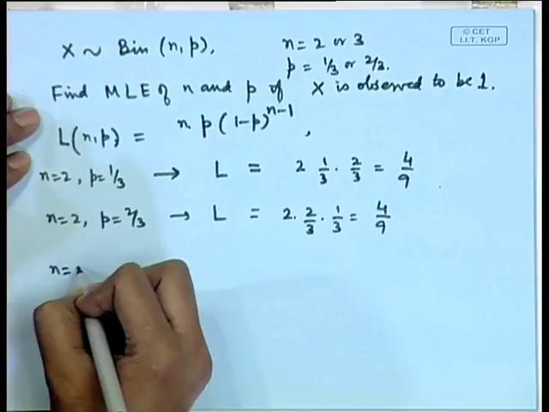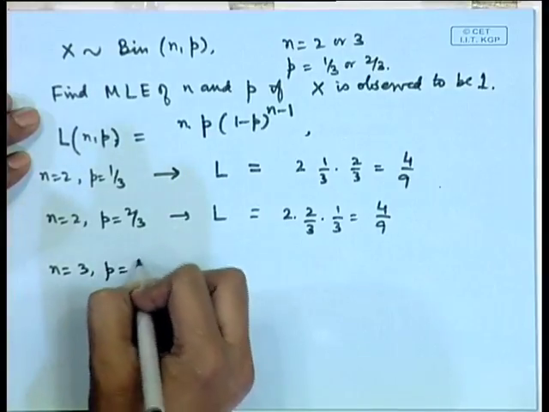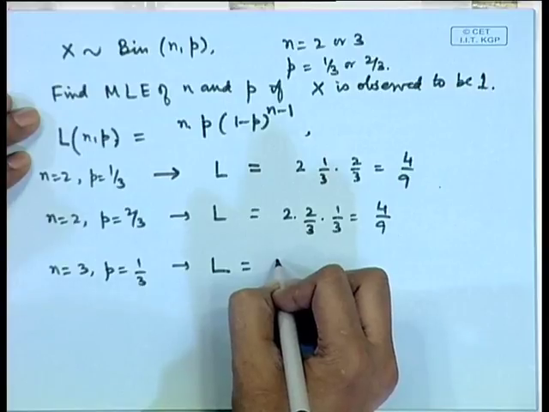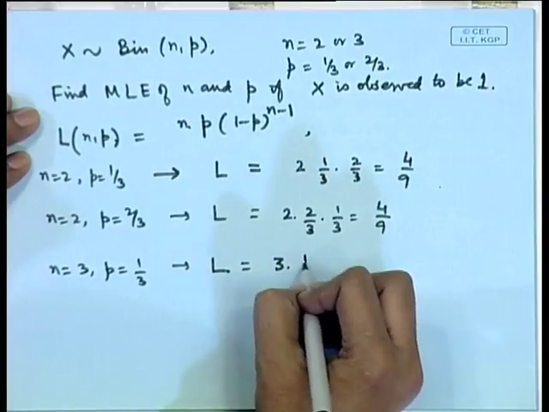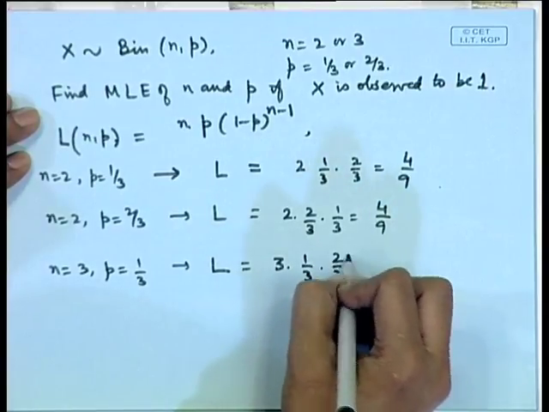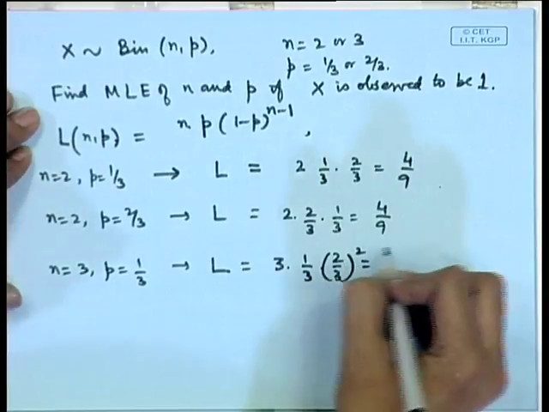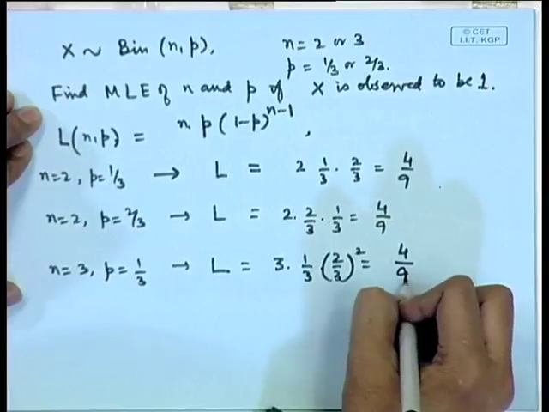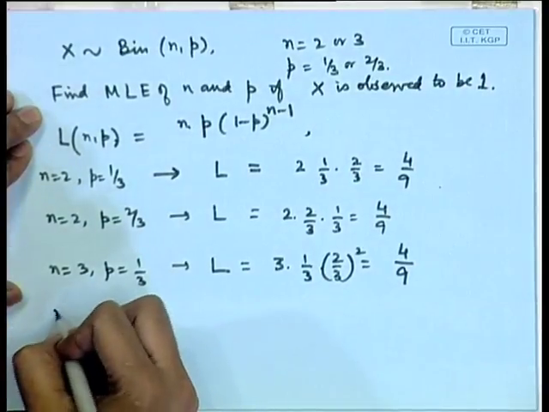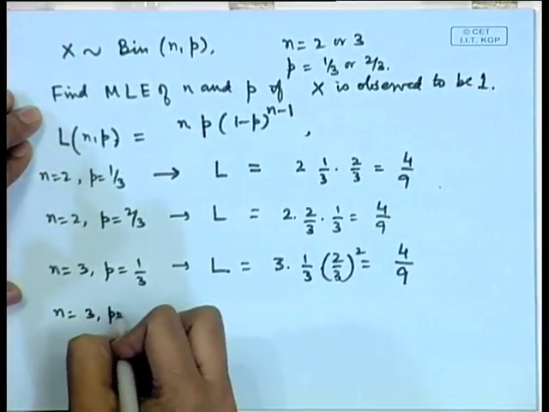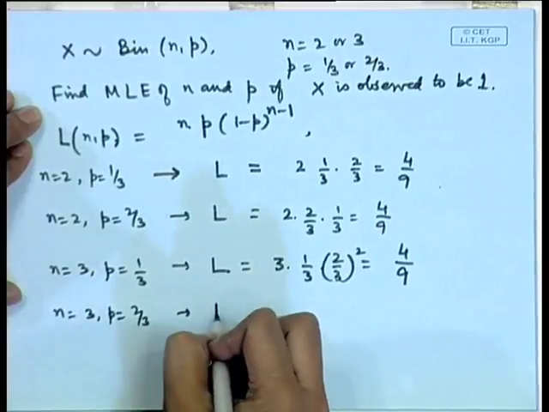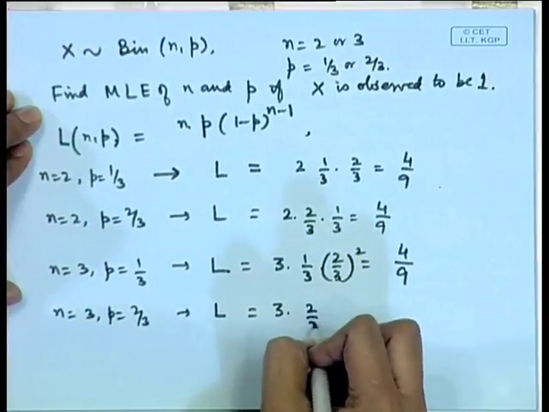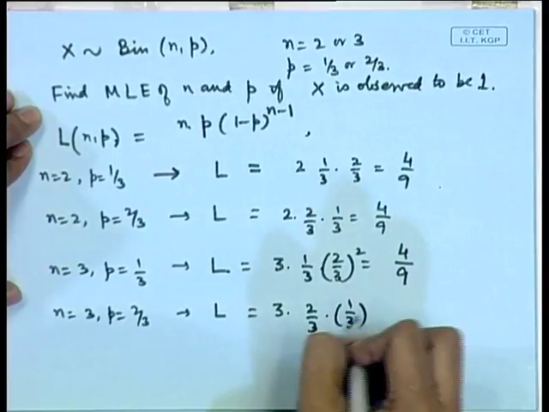When n is equal to 3 and p is equal to 1/3, the likelihood function value is 3 times 1/3 times (2/3) squared, that is 4/9 again. And n is equal to 3, p is equal to 2/3: here the likelihood function value turns out to be 3 times 2/3 times (1/3) squared, which is equal to 2/9.